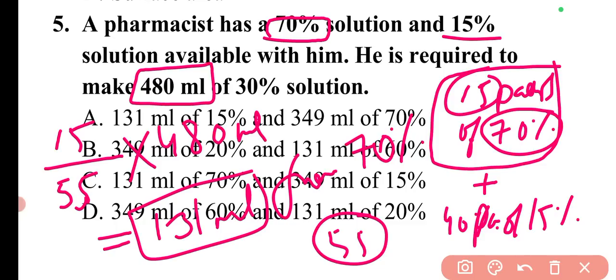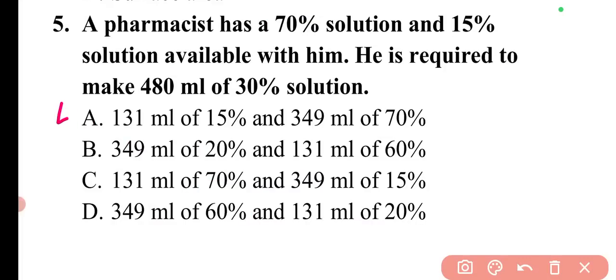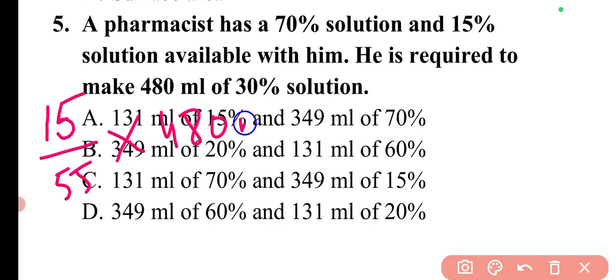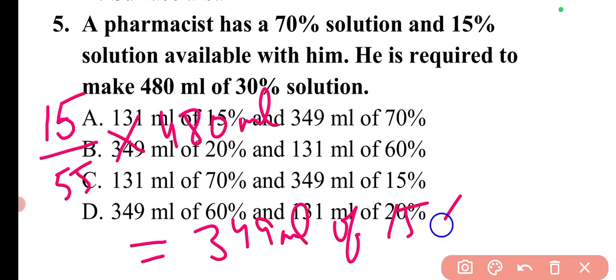Now we also need to calculate the 15% part. In a similar way, 40 out of 55 multiplied by 480 ml. After solving this equation we get 349 ml of 15% solution.